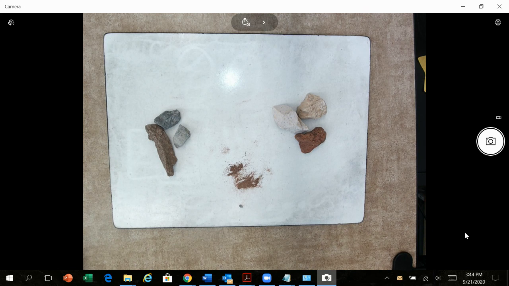So this first part of science, this first lesson is just you exploring rocks, you thinking about what kind of things are different and what kind of things are the same about these rocks or these earth materials.